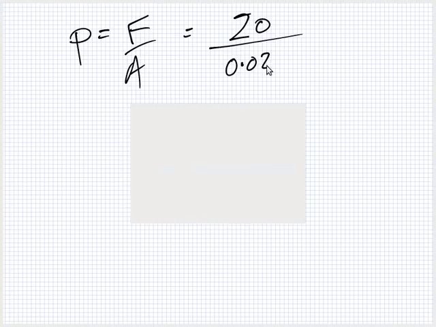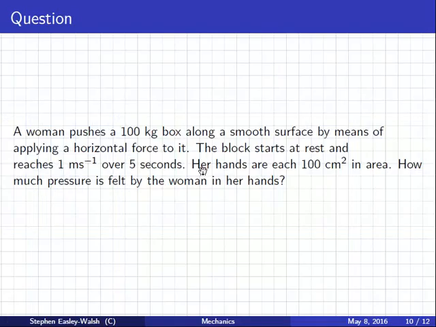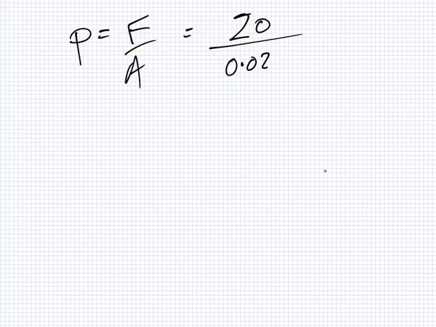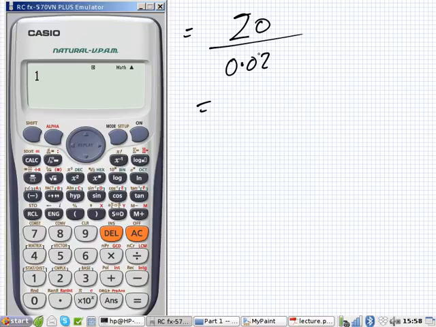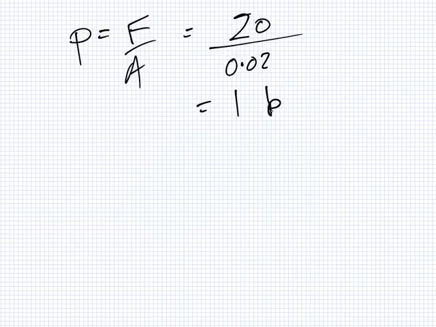Each 100 centimeters squared. So your answer is 20 divided by 0.02, which is 1,000, which is 1 kilopascal. Gotcha.